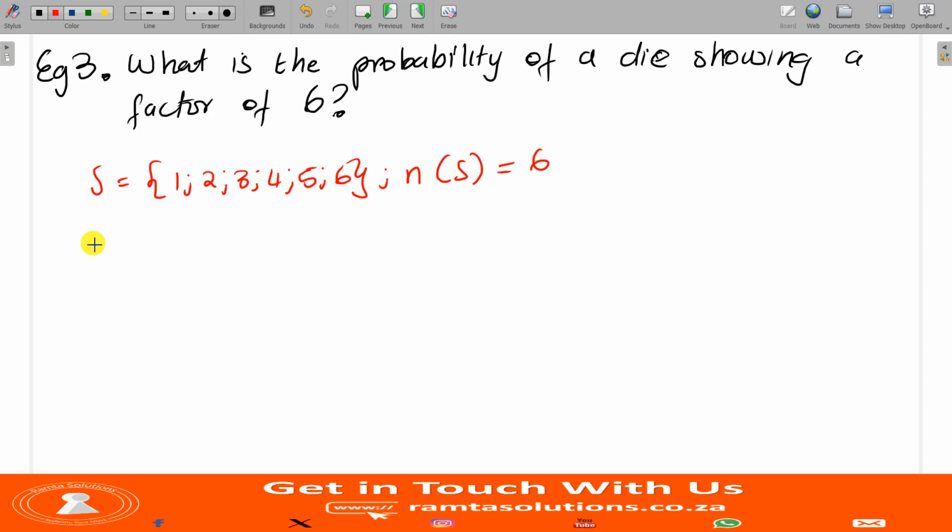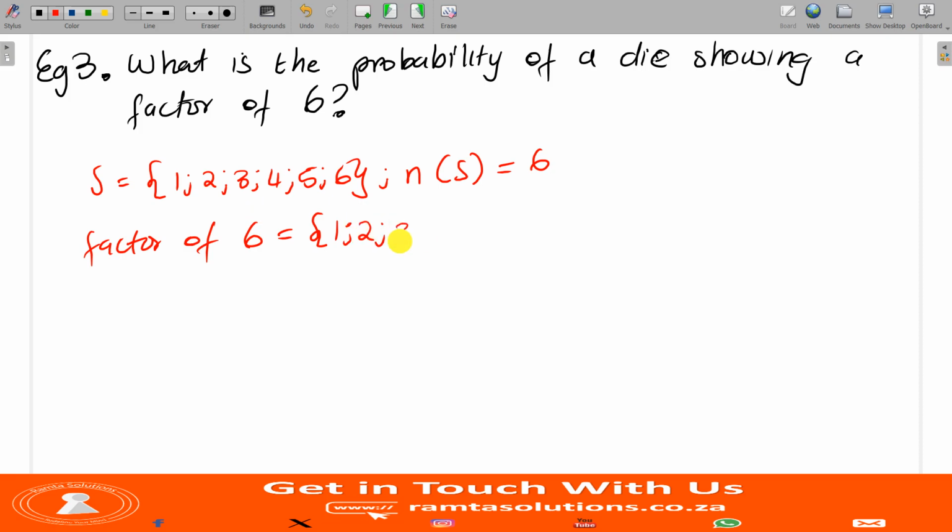Now, the question says, what is the probability of a die showing a factor of 6? So now let's look for the factors of 6. Guys, since you're in grade 10, I believe you know what a factor is. You have known this from way back, from grade 5. 6 can be divided by 1, so 1 is a factor. 6 can be divided by 2, so 2 is a factor.